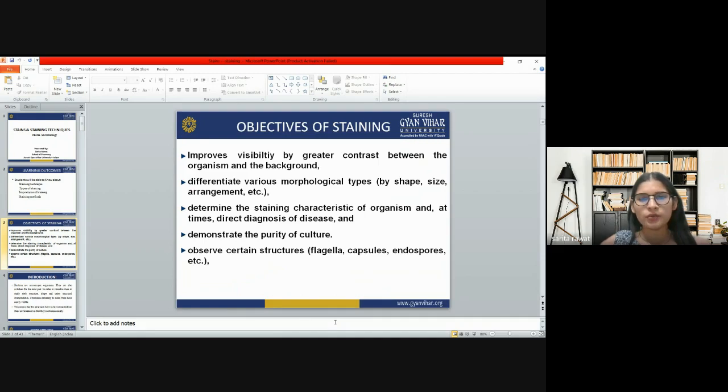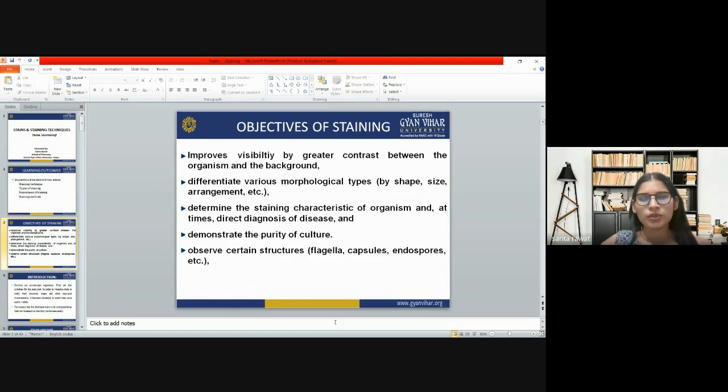The objectives of today's lecture are that you will be able to know about visibility by great contrast between the organism and the background, and how it is employed. Then you will be able to differentiate various morphological types, sizes and arrangements of bacteria, viruses, or any microorganism.